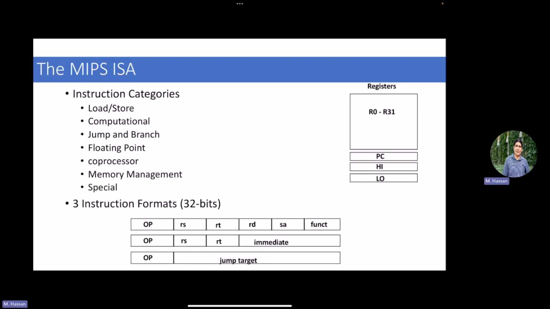Sometimes we put the loads and stores, well, it depends on the formats. Most instruction sets will have a separate one for load and store, what they call the memory instruction format. In MIPS, I guess it depends, it can be here or here based on whether you are using indirect addressing or not, whether you're using an immediate value to determine your address or an immediate value plus a register. It's a bit of a detail.